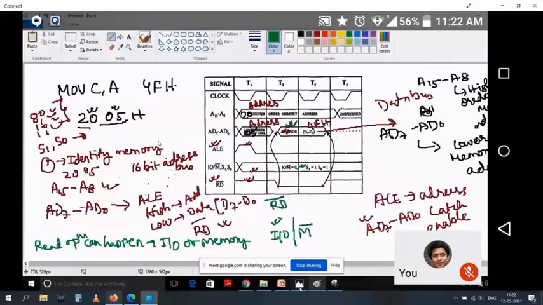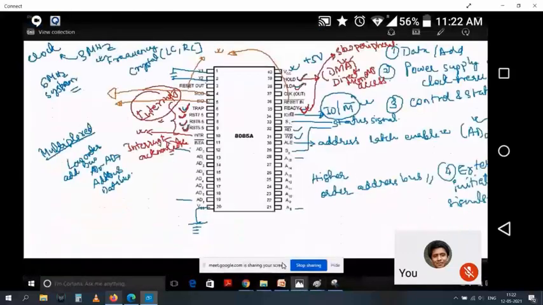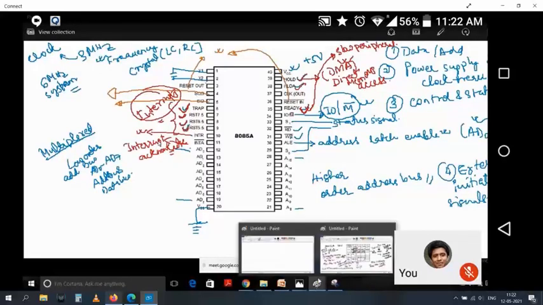All these 40 pins are connected, but only input output memory, read and ALE are the control signals being generated for this operation.